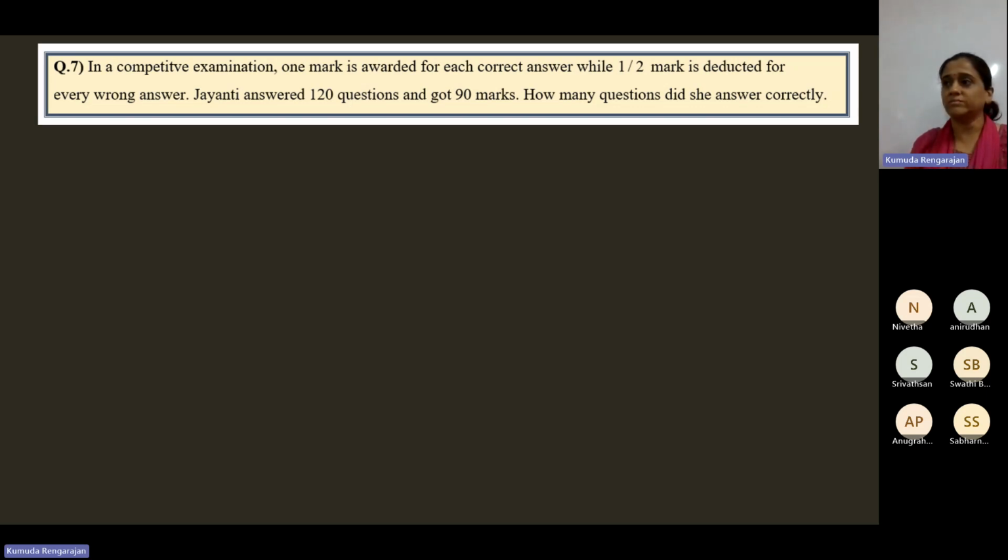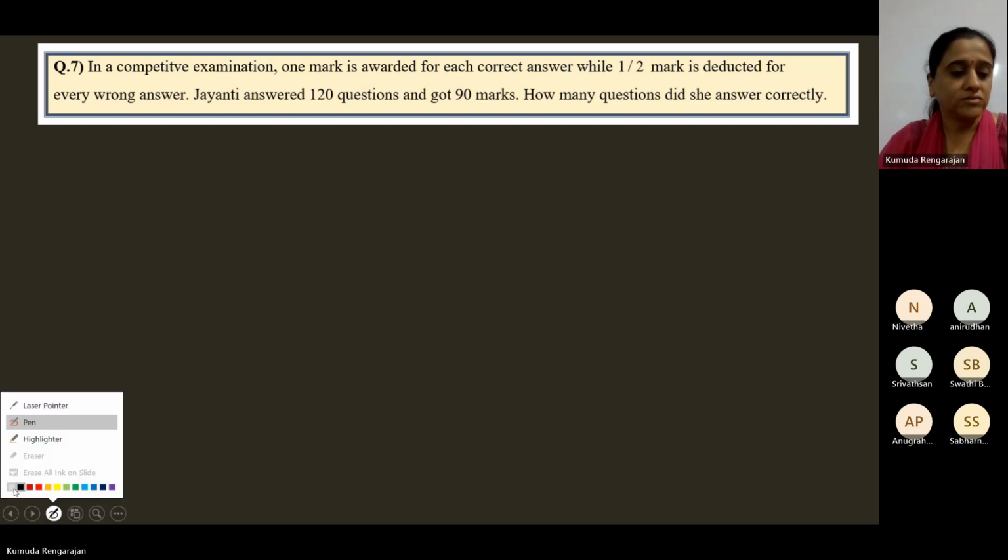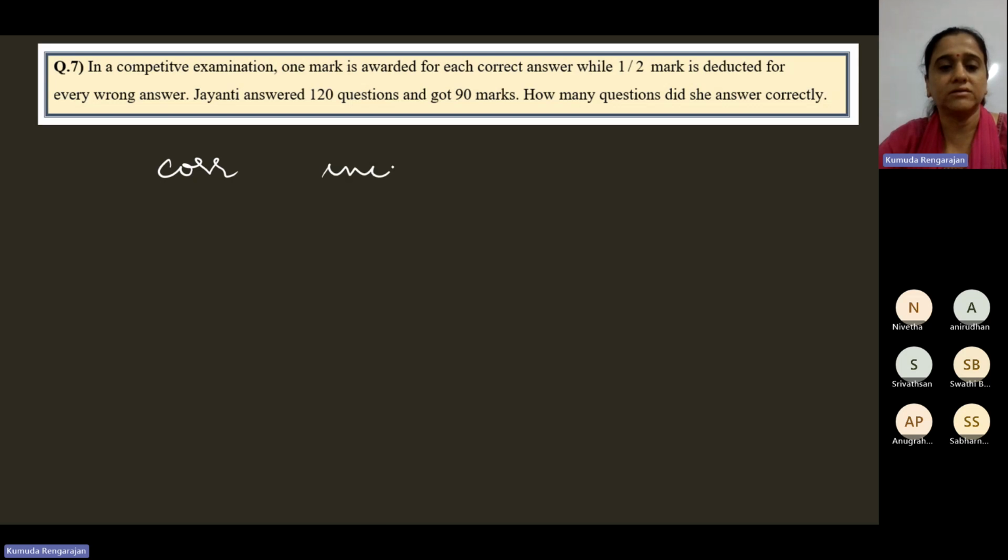So here we assume separately the correct answers and the incorrect answers. We assume that she has not omitted any, since that's not given. Jayanti has answered 120 questions. Of these 120 questions, we'll assume that x questions she answered correctly and y questions she answered incorrectly.